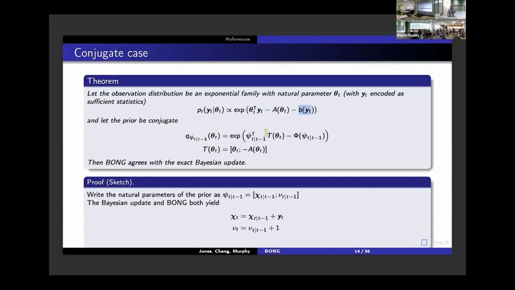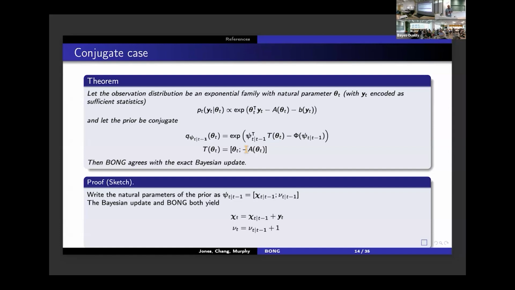So the sufficient statistics for theta are going to be theta and A of theta. So the log partition from the likelihood ends up being augmented into the sufficient statistics in the variational family. I'm describing the notation, but this is just the standard setup, the case of conjugate inference with exponential families, which I guess is the only case of conjugate inference.